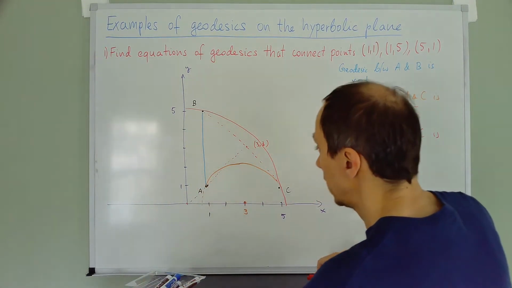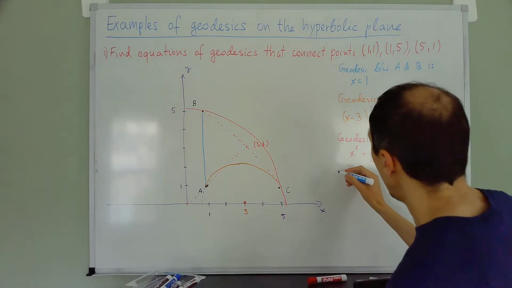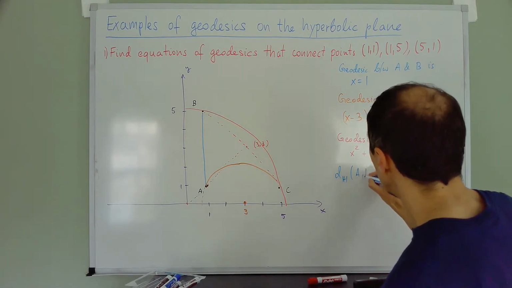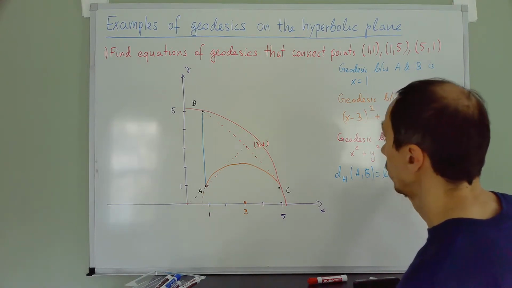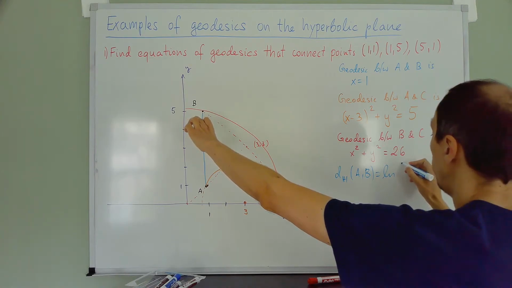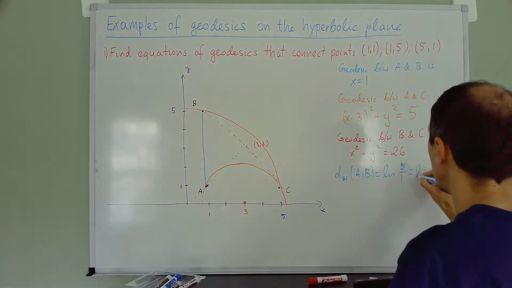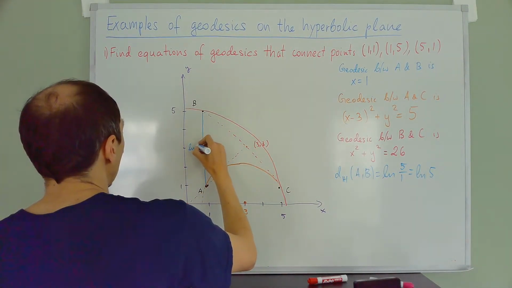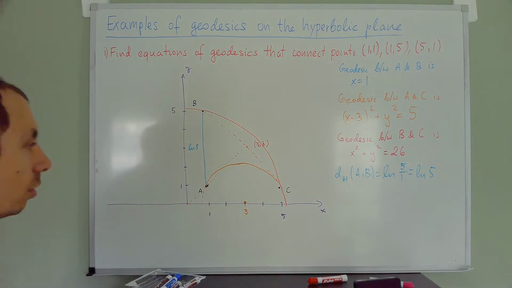So from A to B, that's actually quite easy. So the hyperbolic length between A and B, that's just natural log of the ratio of the y values. So it's natural log of 5 divided by 1. So that's natural log of 5. Okay? So the length of this line segment is natural log of 5.